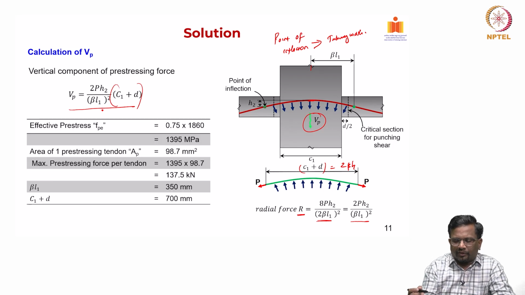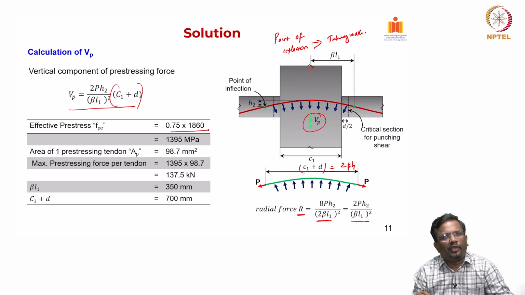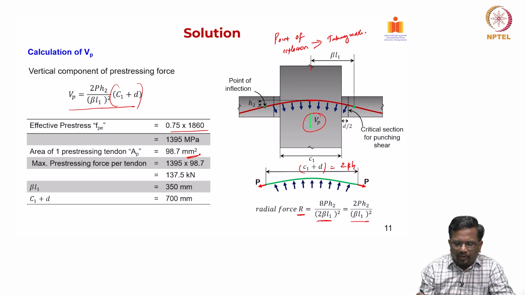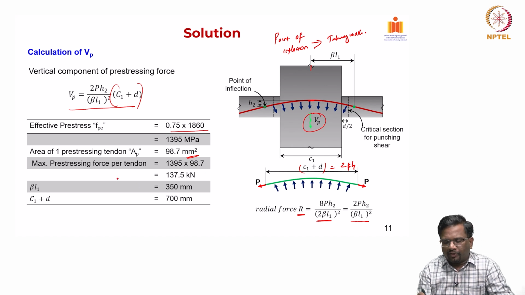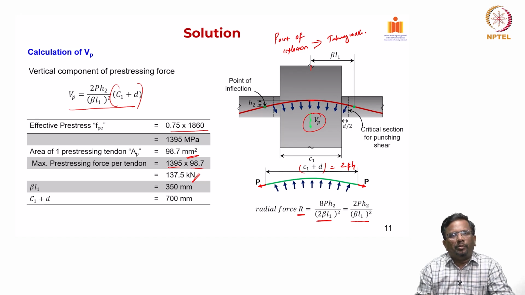Now, the effective pre-stressing force or the initial pre-stressing force, we take that as 0.75 times 1860, and area of the pre-stressing strand is 98.7 millimeter square. So, the maximum pre-stressing force is 1395 times 98.7. So, I apply 137.5 kilonewton, and beta L1, that is the reason I said it is going to be 350 millimeter.